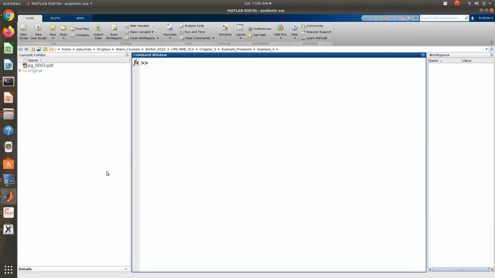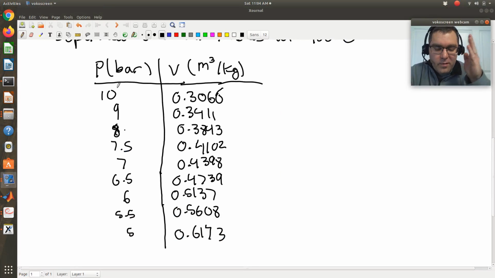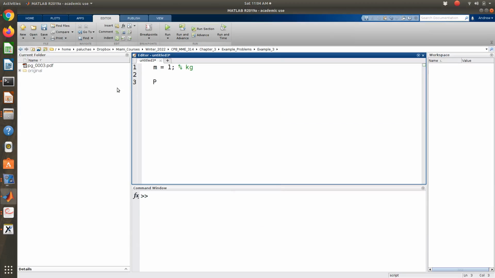All right, so let me create a new script. I'll store the mass to a variable just so we have it in kilograms. But what I'm going to need to do is create a vector of P's and a vector of V's. So I'm going to create a vector of P's.